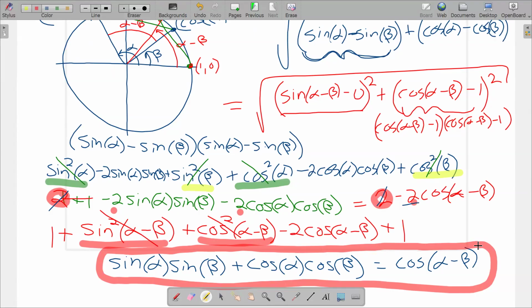Some of them are very important, like the Pythagorean identity is a very important one. This angle difference is very important. The angle difference is going to lead to an angle sum formula, and the sum to product, and product to sum, and a ton of other ones. So over the next week or so, we're going to explore all the variations of this.